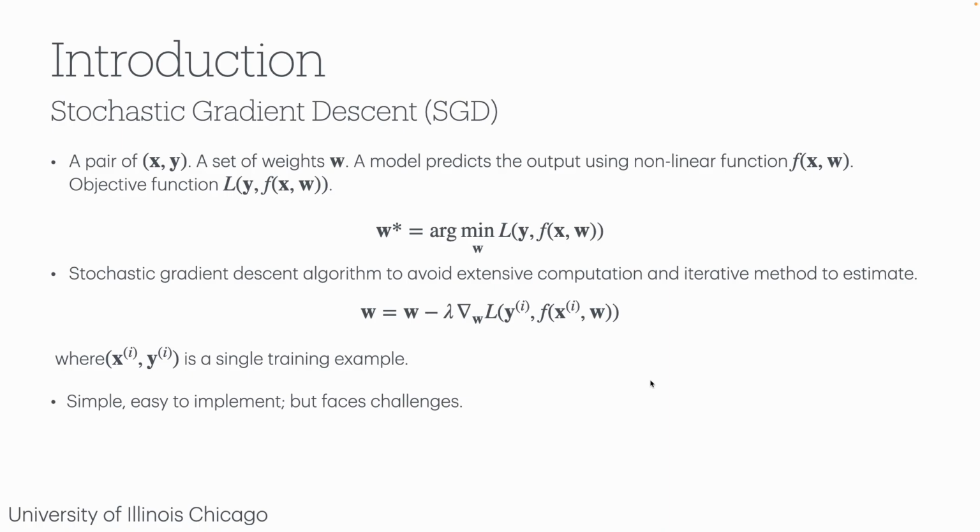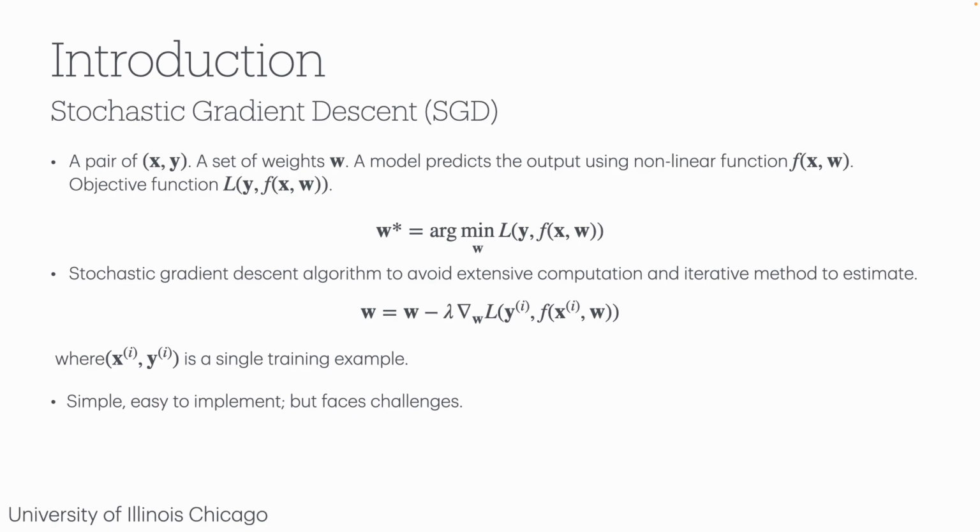So the idea of input normalized stochastic gradient descent comes from stochastic gradient descent itself and its limitations. I want to start with a brief overview of the stochastic gradient descent, short for SGD. Assume an input-output pair of x and y and a set of weights w.